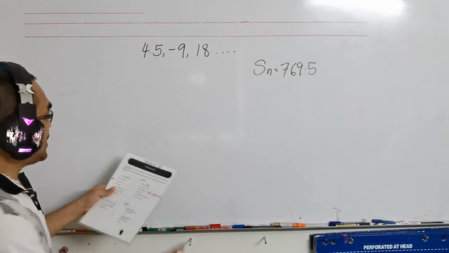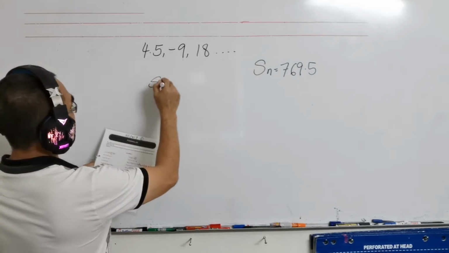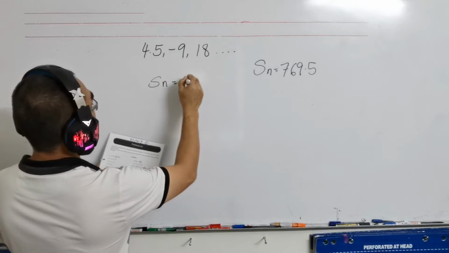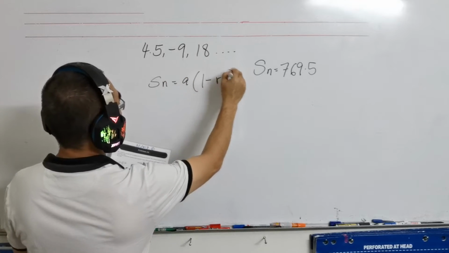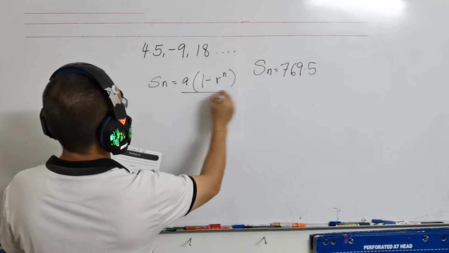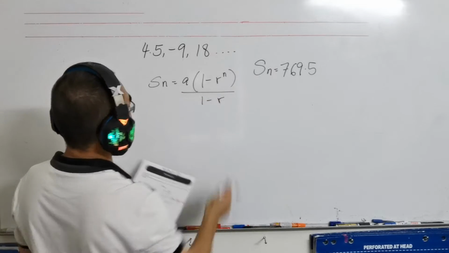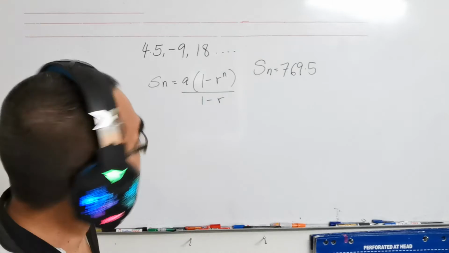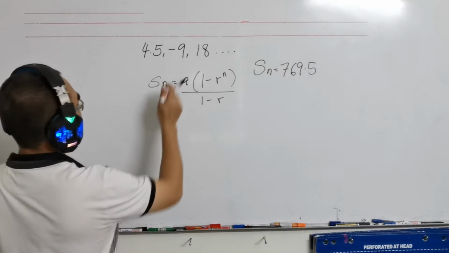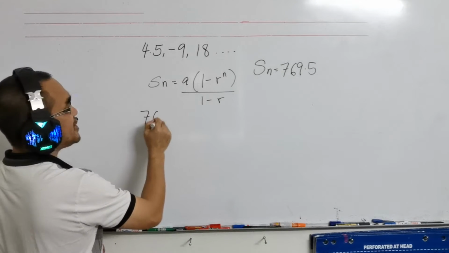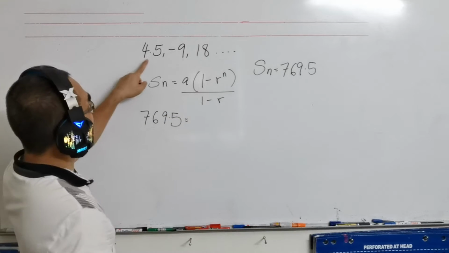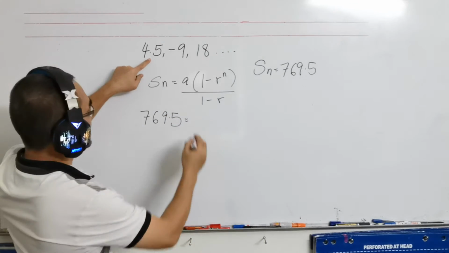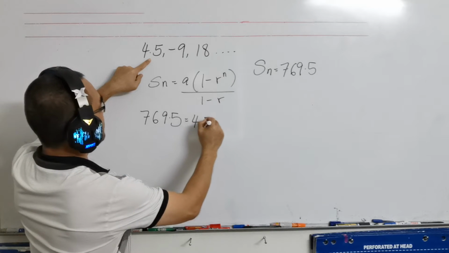So the formula for Sn is a times 1 minus r to the power of n over 1 minus r. So we already know the Sn, which is 769.5. The a will be the first term, that is 4.5.